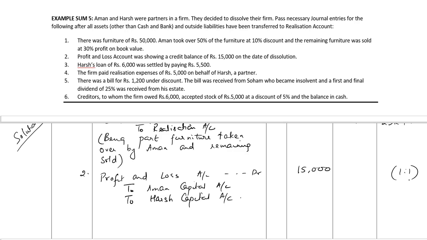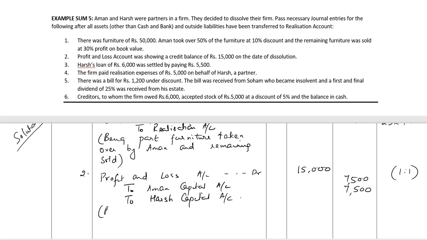There is no mention of the profit sharing ratio. We'll divide it equally 1:1 between Aman and Harsh. 7,500 rupees against Aman's capital and 7,500 rupees against Harsh's capital account, being accumulated profits distributed amongst partners in profit sharing ratio.